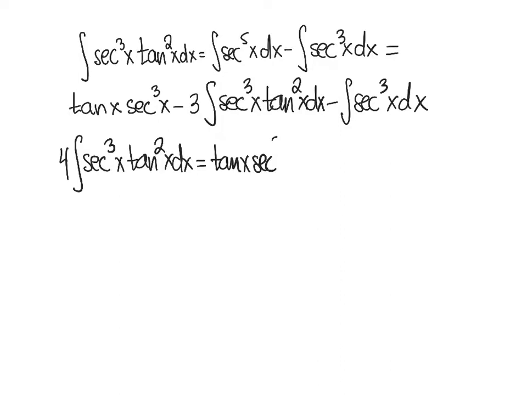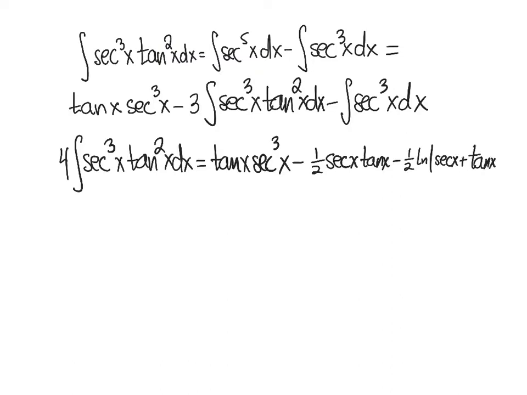secant cubed x minus the integral of secant cubed, which is 1/2 secant tangent, and since we're subtracting, minus 1/2 natural log of absolute value of secant plus tangent.